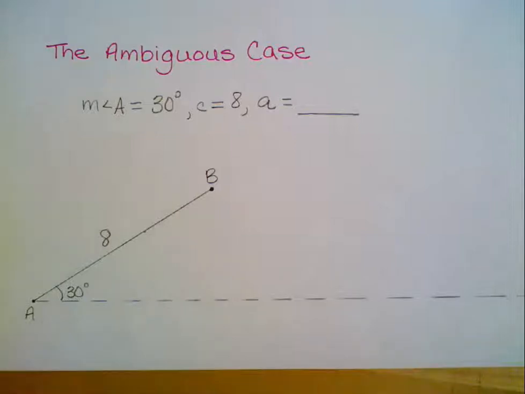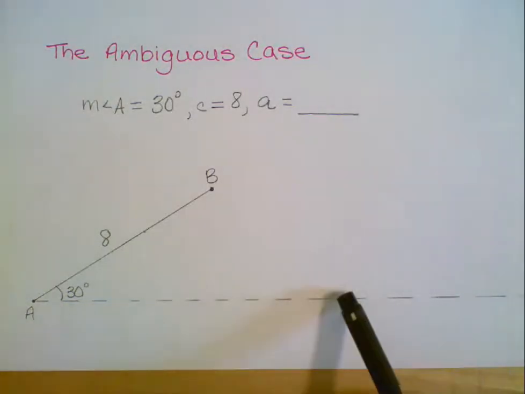So what I've drawn here is an angle measuring 30 degrees, angle A, and I've got a side C that's 8 units long. Now what we're looking at here is a triangle ABC, so there's some point C somewhere along this dashed segment that's going to complete the 3 vertices for this triangle.